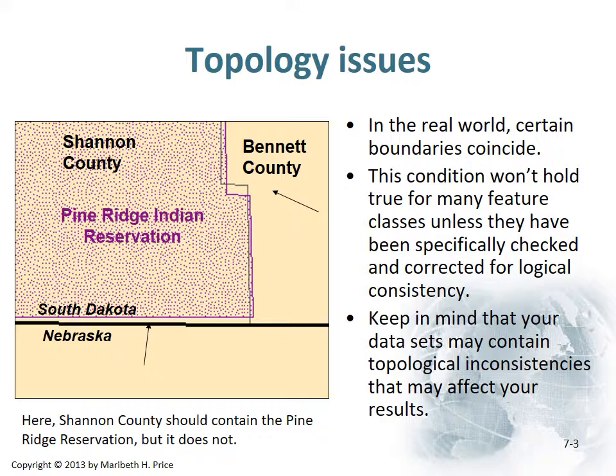There are errors in the data sets, and in this case, let's presume the worst, that these are the same datum, same projection, same coordinate system, and they don't match up. So you've got a fundamental fatal flaw that all of your analysis that you're doing that uses these spatial entities will be flawed.